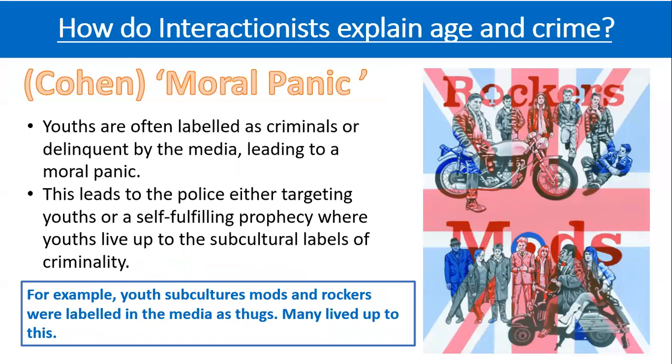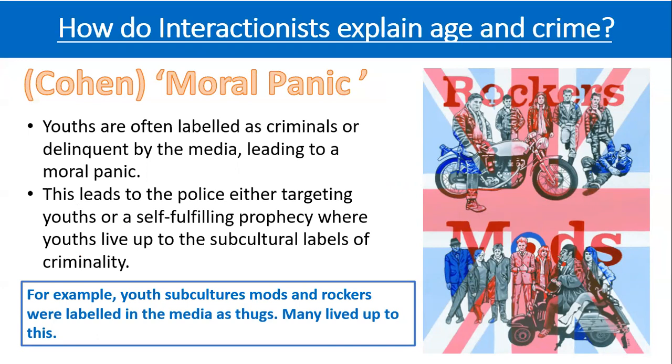Okay, another interactionist. So we've seen Stanley Cohen before. Moral panic. Youths are often labelled as criminal and delinquent by the media, leading to a moral panic. So this leads to police targeting youths, or a self-fulfilling prophecy where youths live up to their subcultural label of criminality. So it might be secondary deviance, self-fulfilling prophecy, where the youths go, well, everyone's telling me I'm criminal and delinquent, I might as well be that.